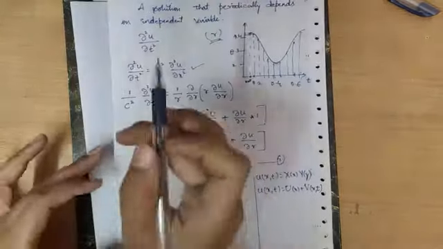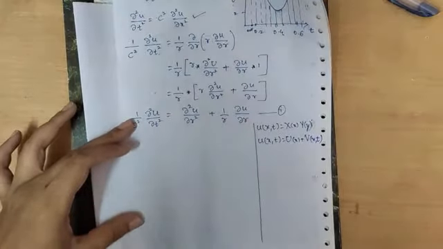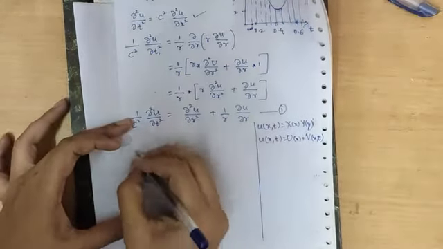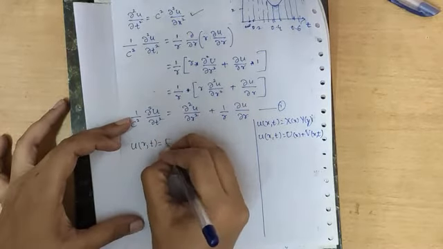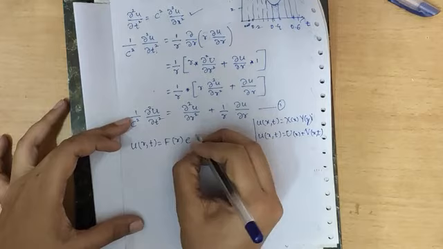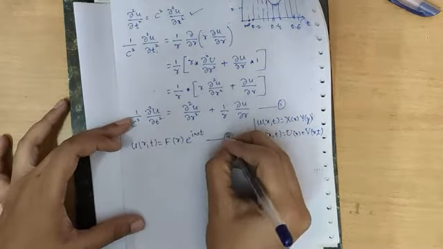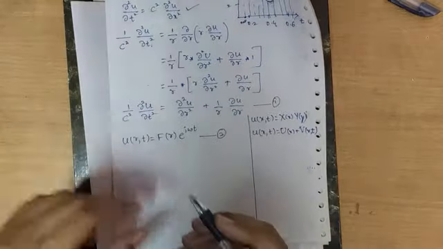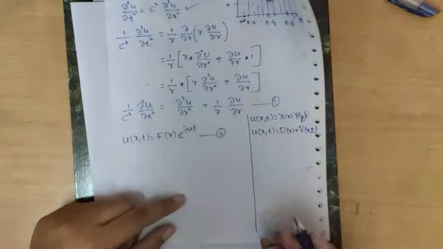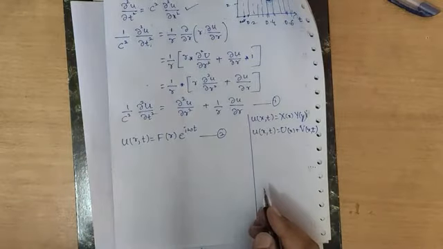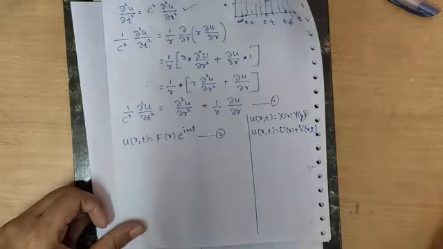So in the case of periodic solution, our solution will be in the form u(r,t) = f(r) e^(iωt). I will call this equation number 2. Since it is periodic, omega will exist. You know that omega is nothing but angular frequency.